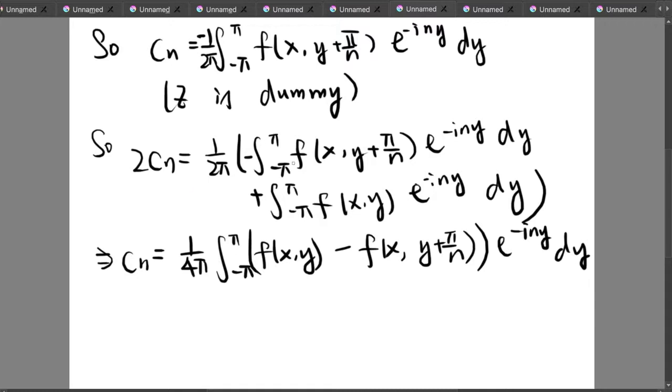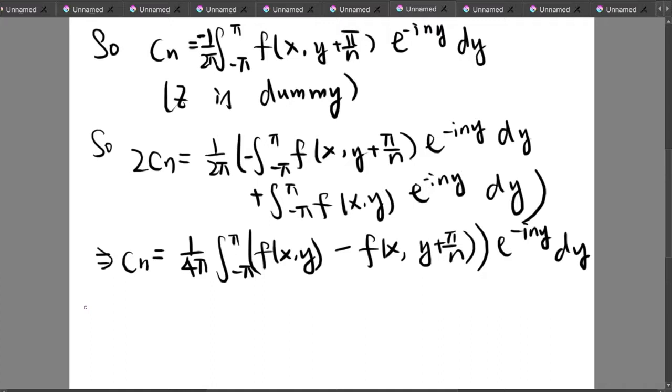So if we add this expression to the original expression of Cn, we know that 2 times Cn is equal to 1 over 2 pi times negative of the integral from negative pi to pi of f(x, y plus pi over n) e to the iny dy, plus the original expression for Cn.